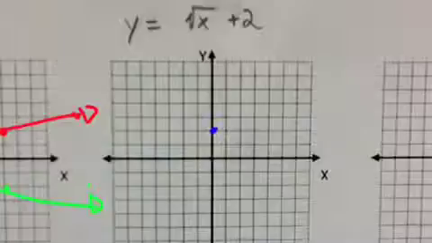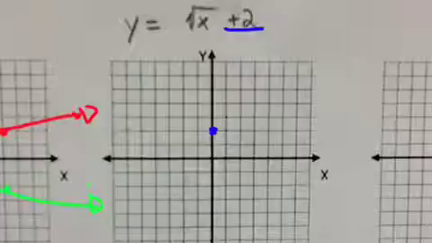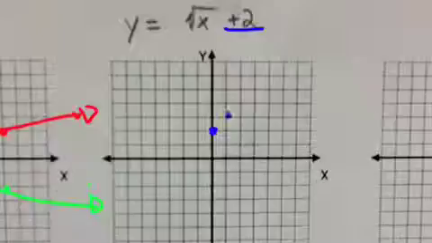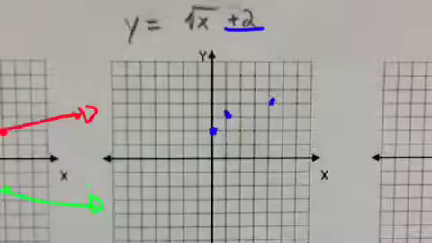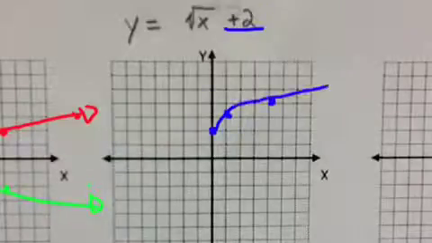When you're adding or subtracting things on the outside of the radical, then you're shifting it vertically, up or down. So when x is 1, y will be 3. When x is 4, y will be 4. And your graph just shifted up.